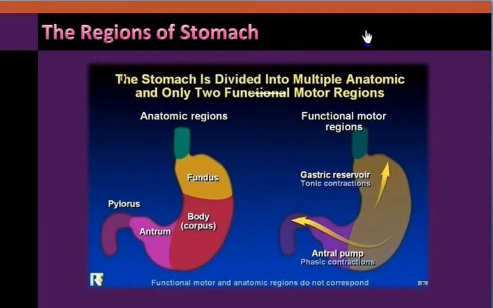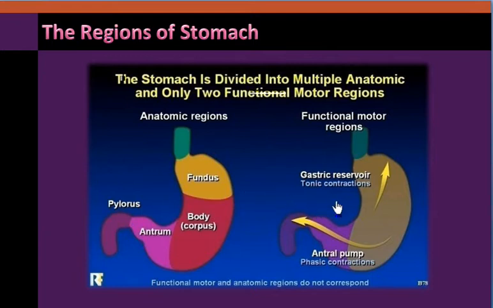Look here, the regions of the stomach. Anatomically, the stomach has 4 regions: the fundus, the corpus or the body, the antrum and the pylorus. This is what we have learnt in our anatomy. At the functional level, these multiple anatomic regions form only 2 parts.